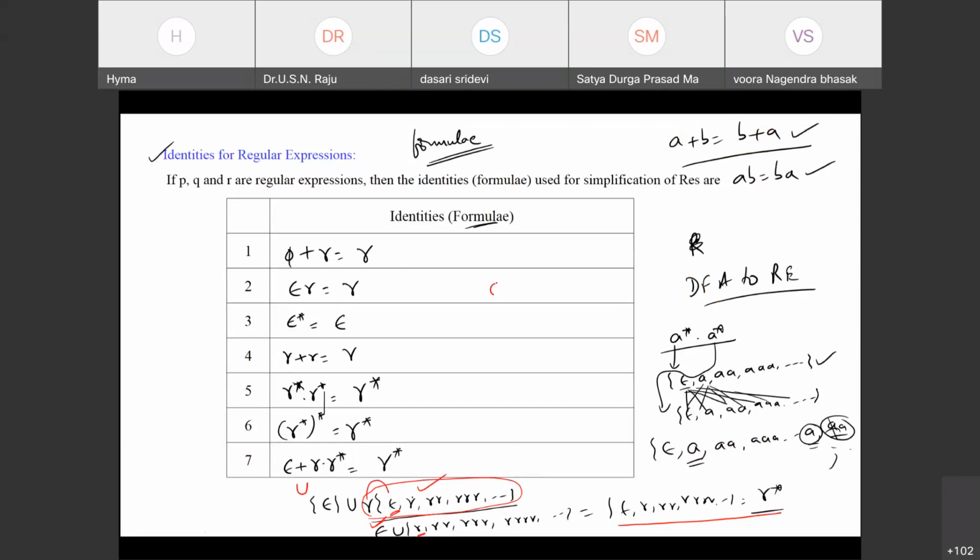But I never said that r star equal to r star. This is wrong. Because r star means epsilon, then r, double r, triple r. Here it is epsilon, and when you concatenate, what is the minimum string? You are getting r, but here you don't have r. That's why these two are not the same. But epsilon plus r star equal to r star, this is true.